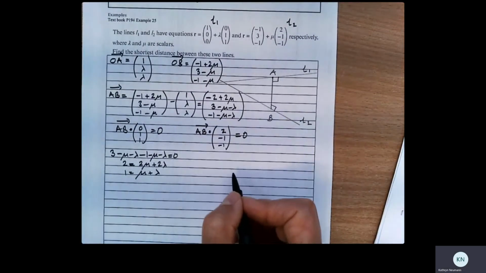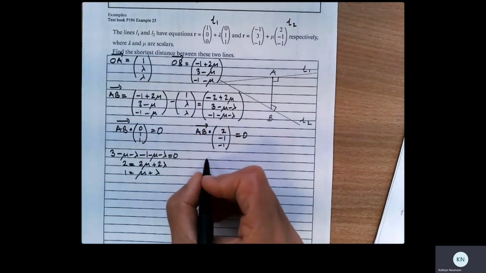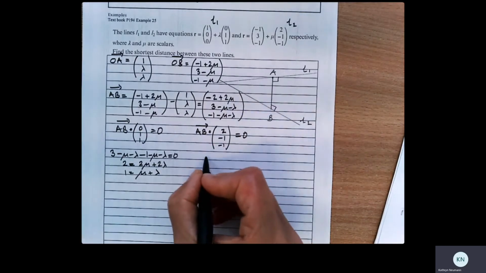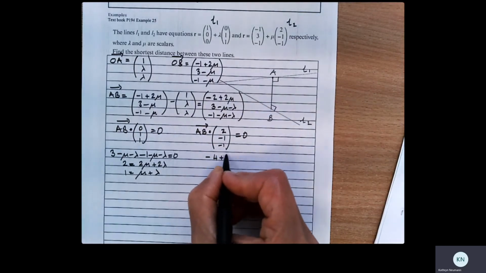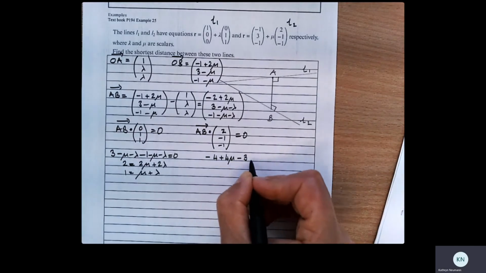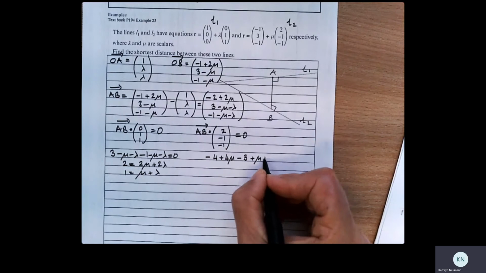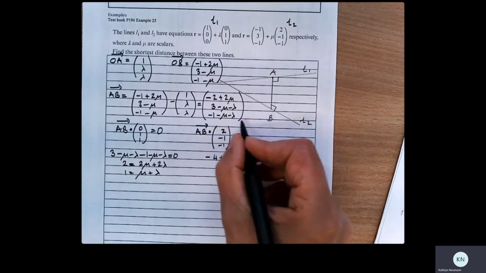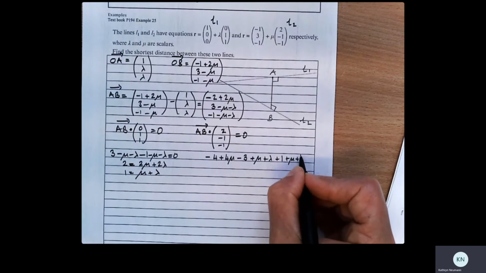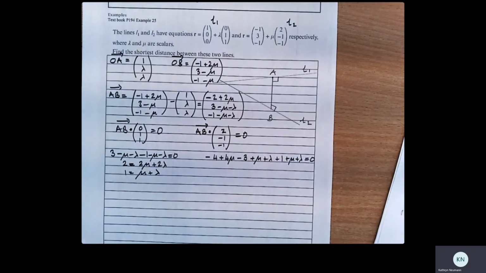This one here, it's not going to be quite so nice. We've got to multiply it by 2, then by -1, by -1. So I get -4 plus 4 mu, -3, and be very careful if you're multiplying by a minus, plus mu plus lambda. And then again, plus 1 plus mu plus lambda equals 0.